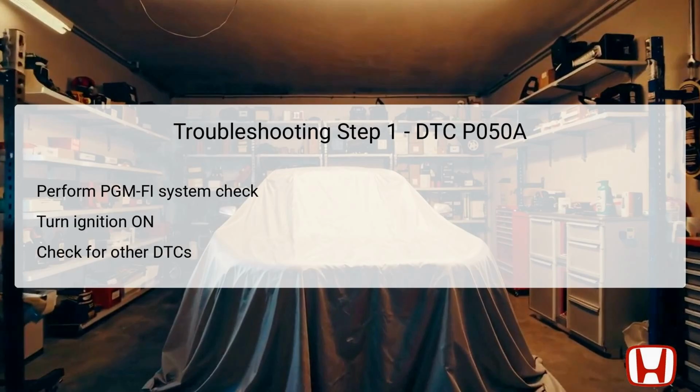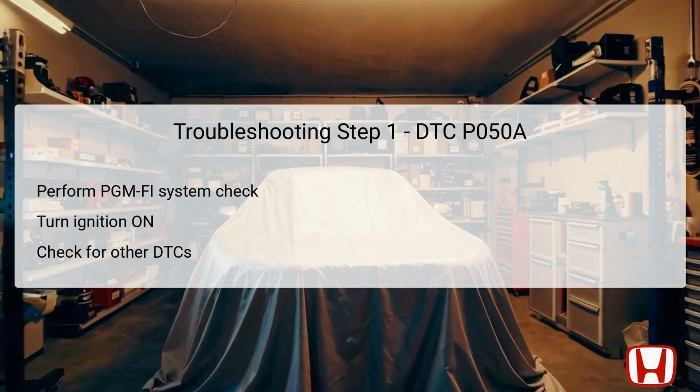Next, utilize the Honda Diagnostic System (HDS) to check for any pending or confirmed DTCs beyond P050A. Identifying other DTCs is critical since they can provide insight into secondary issues impacting the idle air control system's performance.